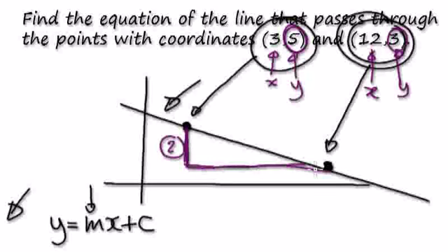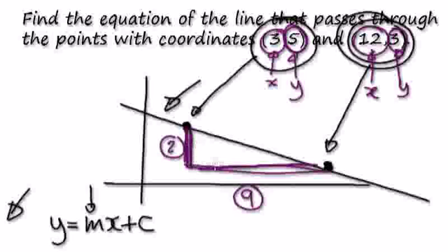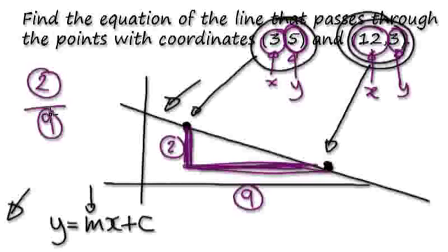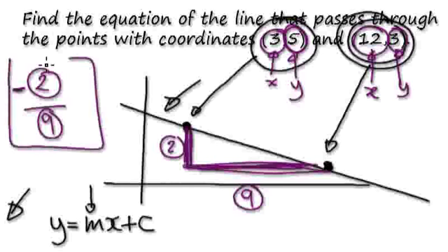Now the width here is 12 take away 3, which will be 9. The gradient is always the height divided by the width. So it will be the height divided by the width, and then we've got to stick a minus in front because it's going downhill. So this is our gradient.